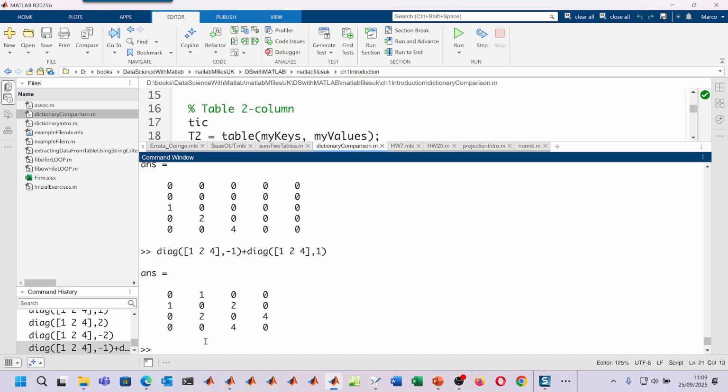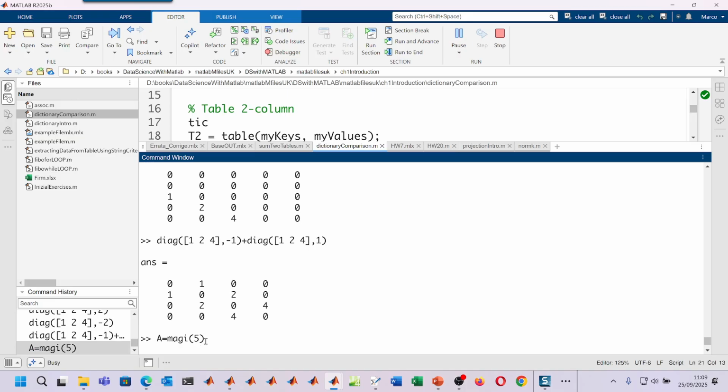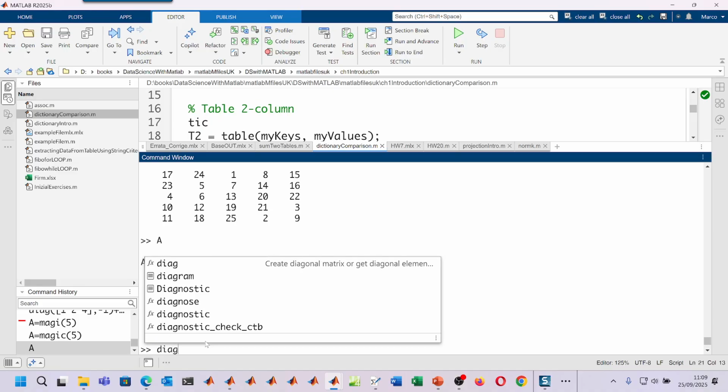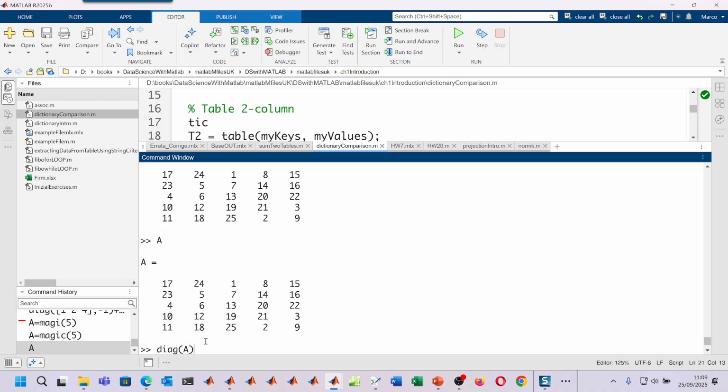On the other hand, let us suppose that your matrix A is magic, and then here I say diag A. Now the input is a matrix. Okay? What do you expect it does? Now it extracts the elements in the main diagonal, right?